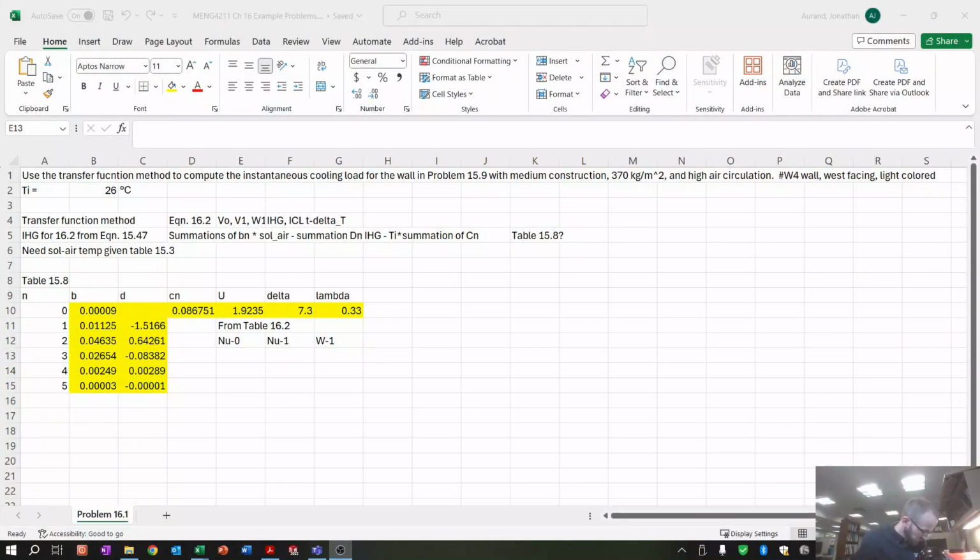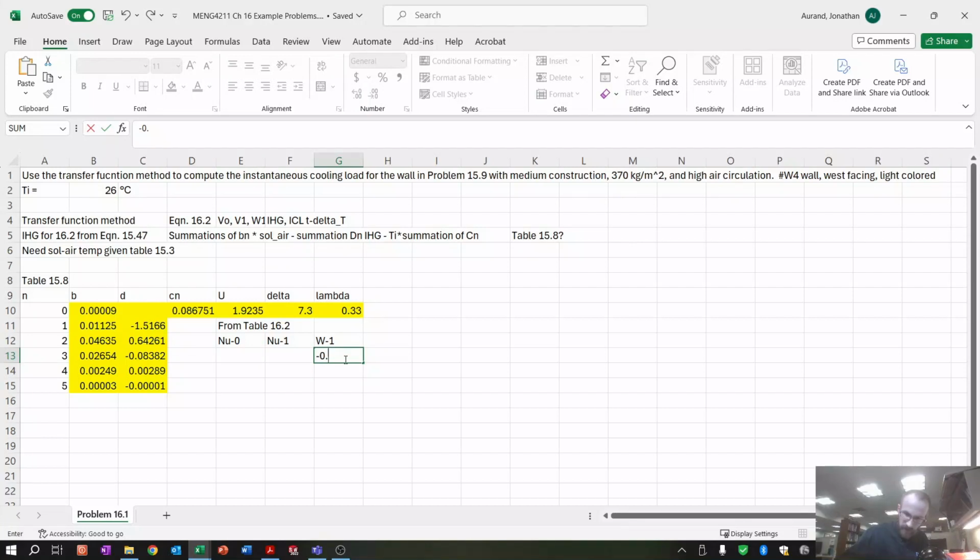So I'm going to flip back to the spreadsheet. For that construction for heavy, omega 1 is from here. So omega 1 is negative 0.93, and 16.2 has our coefficients here for nu 0 and nu 1. We are doing this through exterior walls.